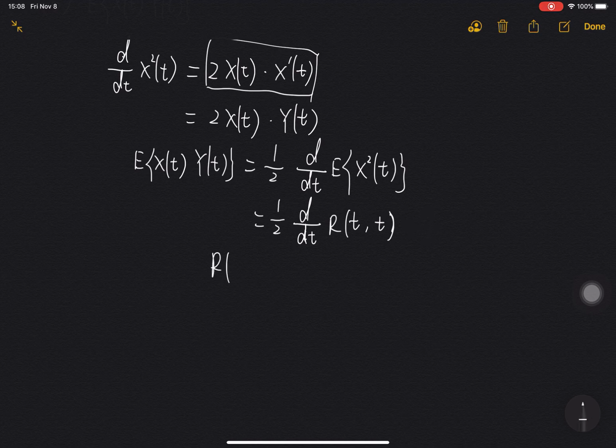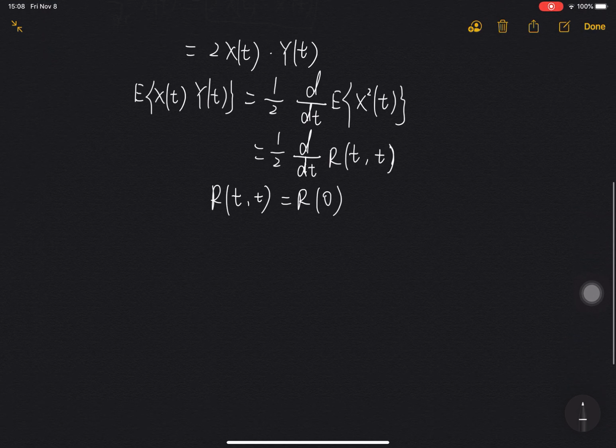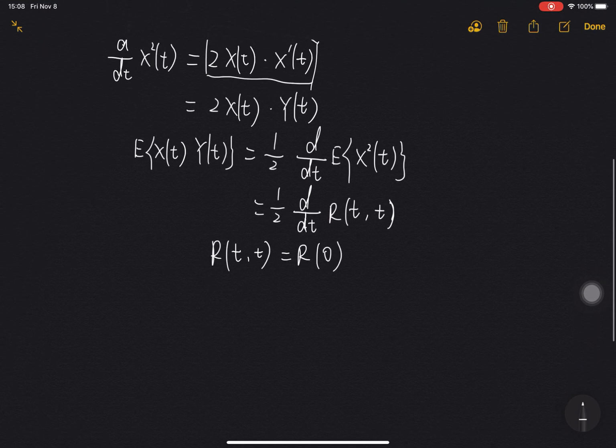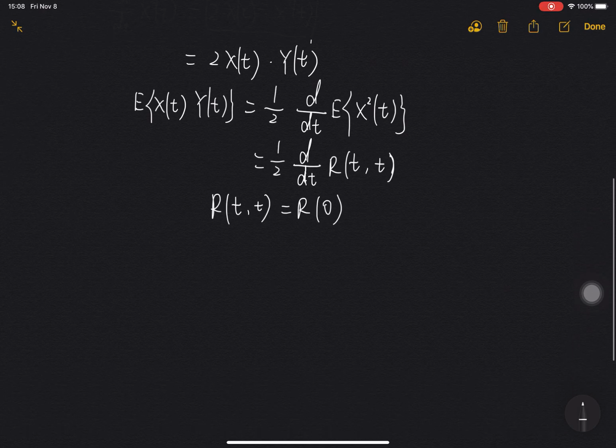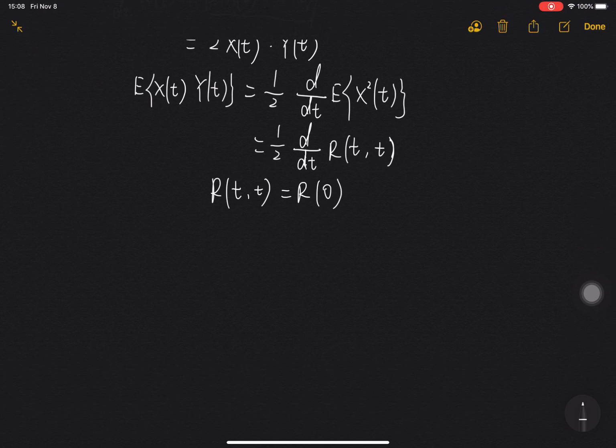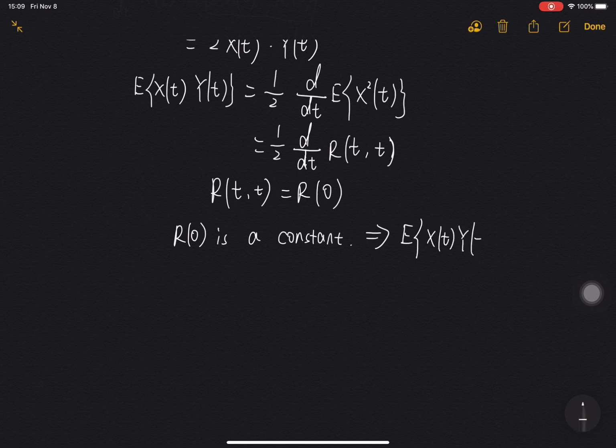Just the correlation of t and t is the correlation at 0, and it's obvious that the correlation at 0 is a constant. So we have the expectation of xt times yt is 0.